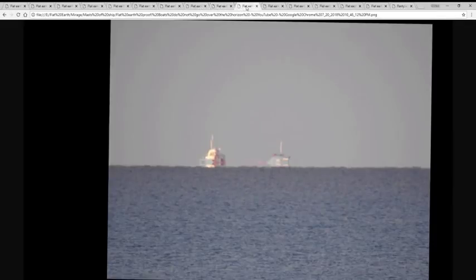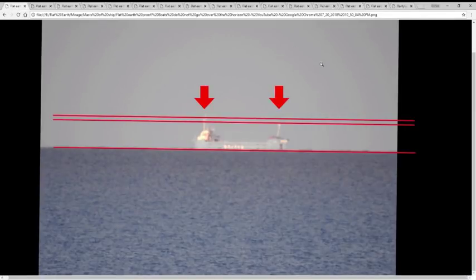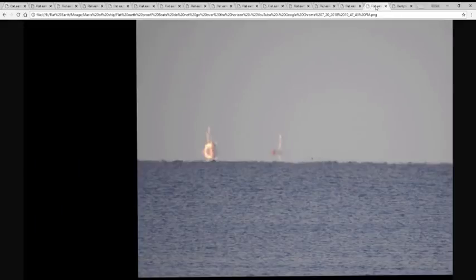And that is, it looks convincing enough, except for the fact that the elongation of the mast, which means that the image is elongated, which means you cannot compare this image with this image unless you scale them to be the same, which is what I've done.